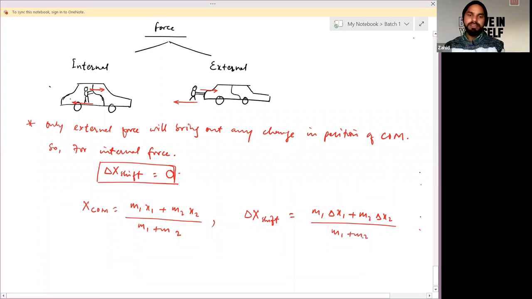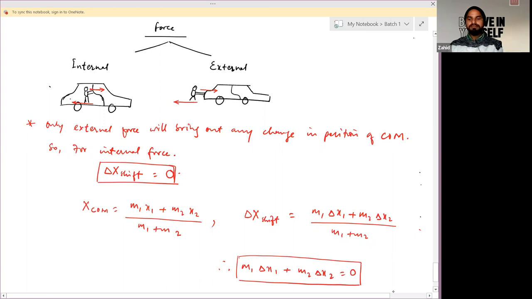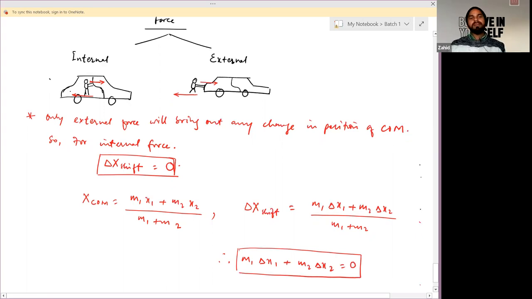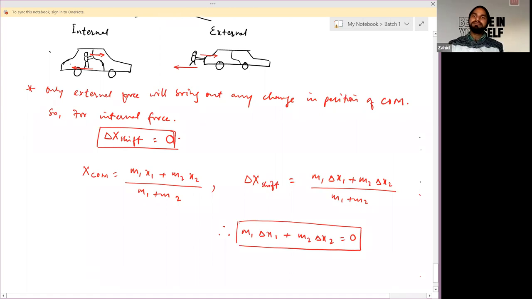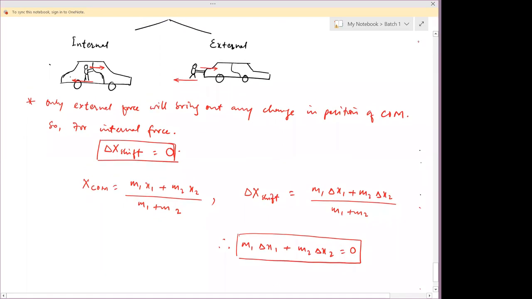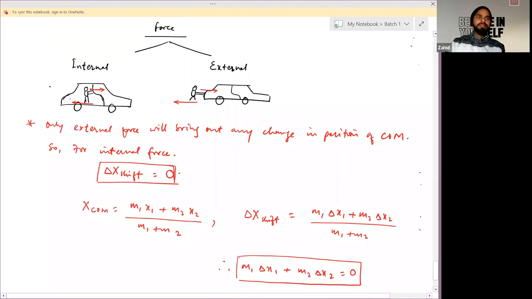And since for internal force delta x shift should be 0, therefore you can write m1 delta x1 plus m2 delta x2 equals 0. Khalid, is it clear? Yes, sir. Okay, just write it down.